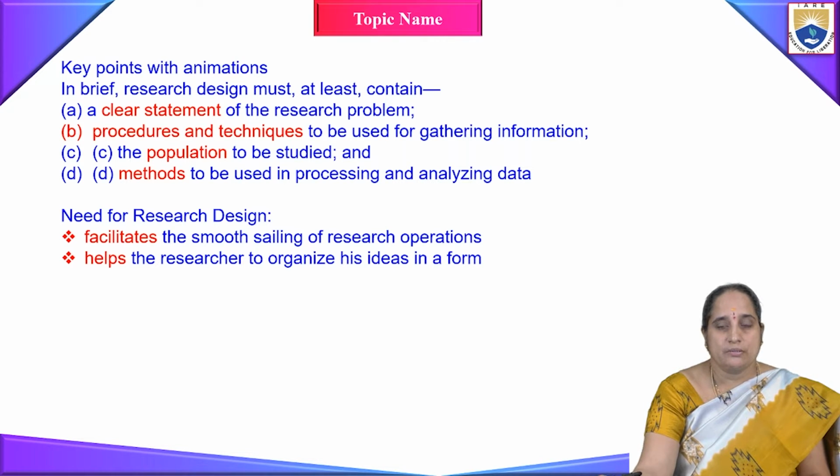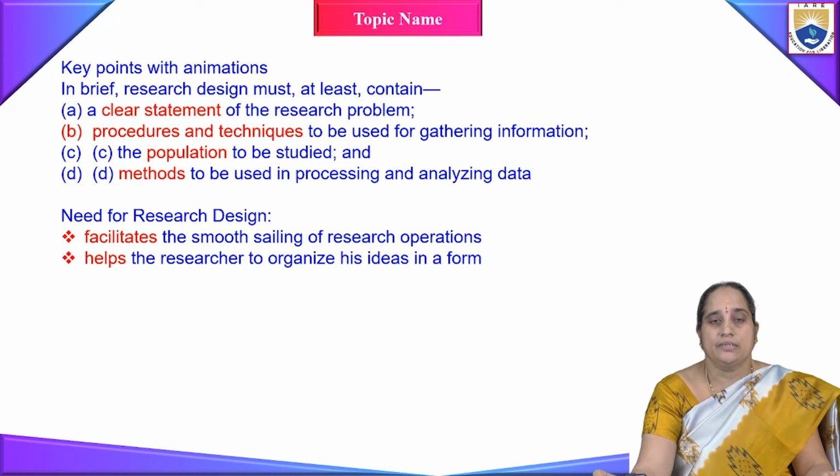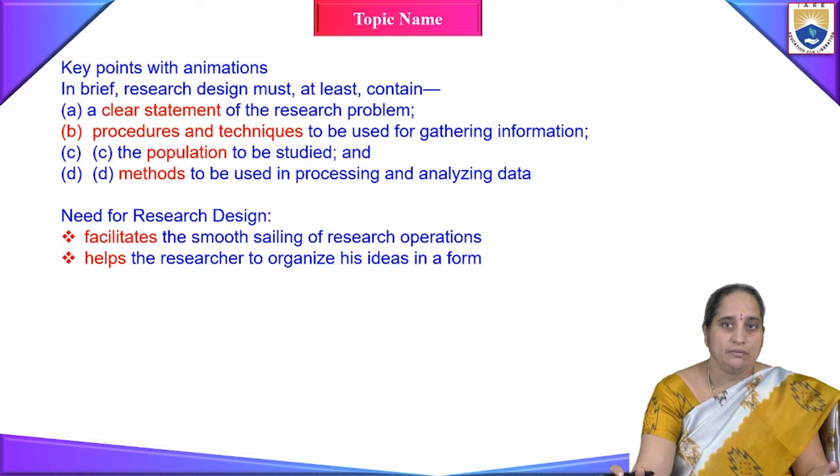We also discussed what the sample frame is, whether there are any constraints in the selection of a sample, and what the size of your sample is. Everything included in the population to be studied, whether you are going to study a single unit or more than one unit, we discuss under sampling design.